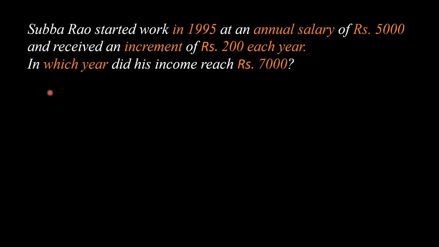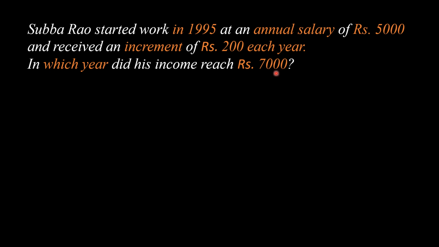Now we will solve one descriptive problem. Subbarao started work in 1995 at an annual salary of rupees 5,000 and received an increment of rupees 200 each year. In which year did his income reach rupees 7,000?